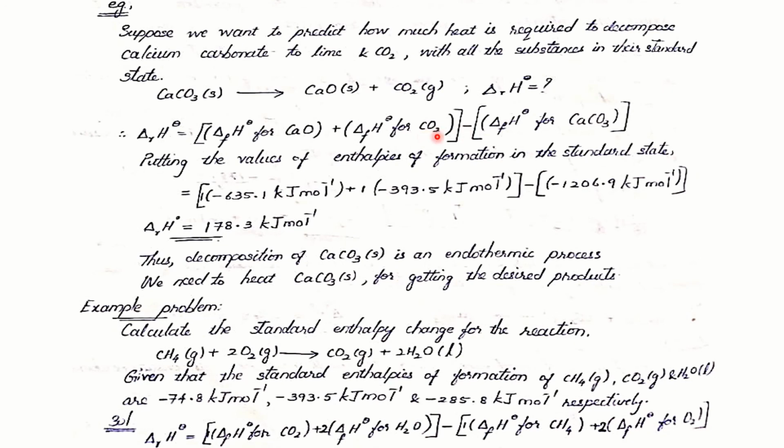Okay, now we subtract this and we write the stoichiometric coefficient of 1 for calcium carbonate, and we write the standard enthalpy of formation for calcium carbonate.